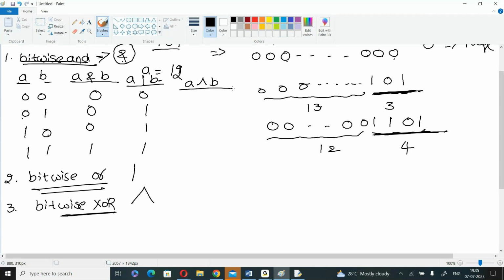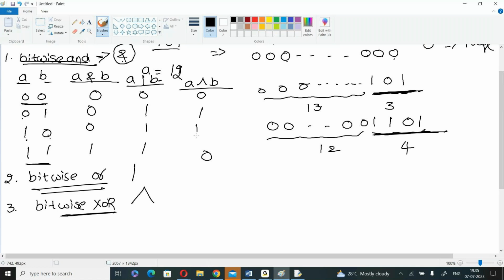This is very simple. Here, if the two bits are the same, 0, 0 or 1, 1, the answer is 0. If both bits are the same, the result is 0. If the bits are different, 0, 1 or 1, 0, the result is 1.